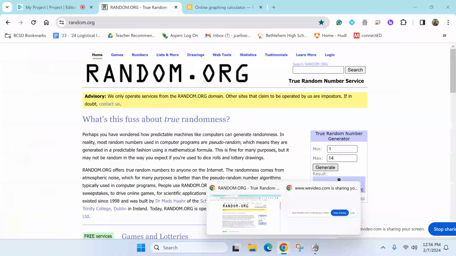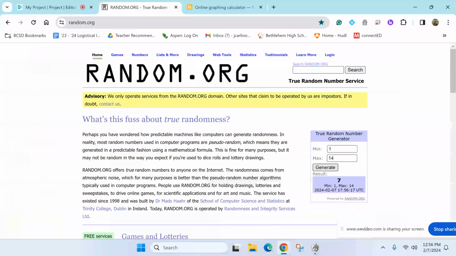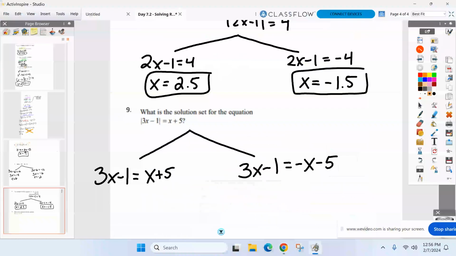When you have those answers, let me know when you're ready. The unchecked ones, anyway. Ariana, when you're ready. X equals 2 and x equals 1. Where'd you get those?